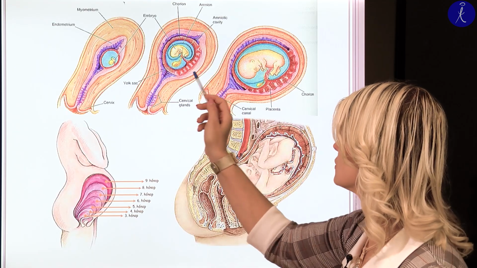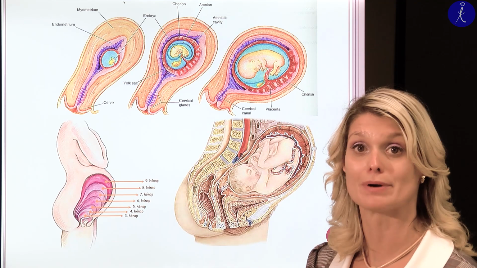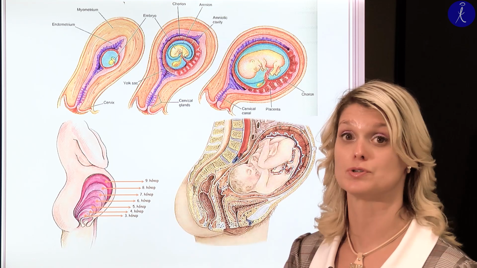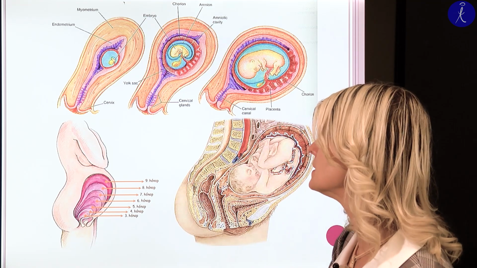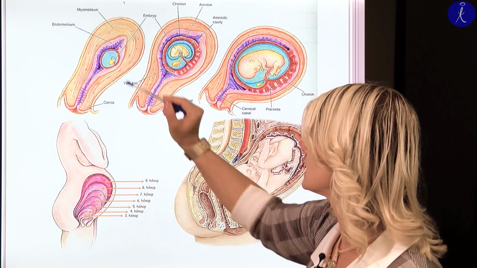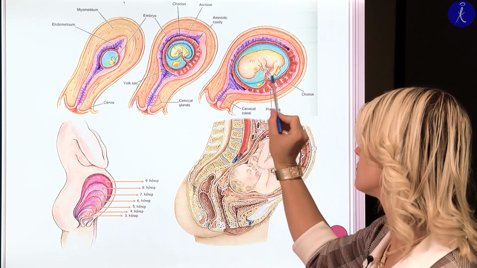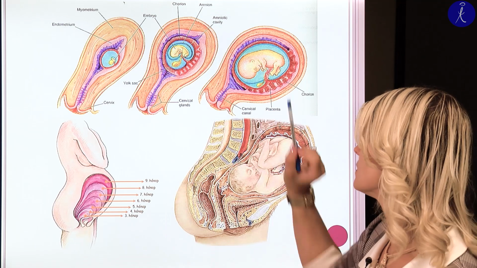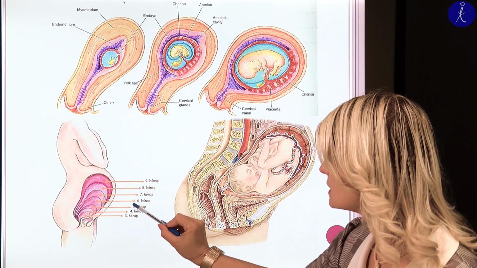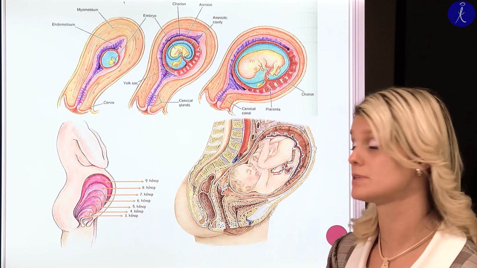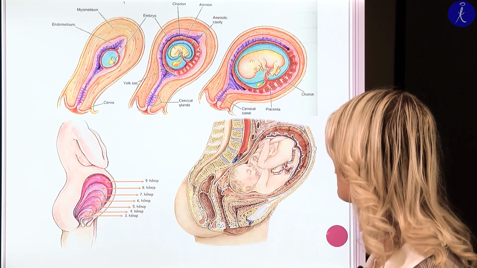Let's see the changes during the pregnancy, the changes of the shape or the size of the uterus. Here you can see at the beginning, in the first trimester, and after, at the beginning of the second trimester, how the shape is changing during the pregnancy.